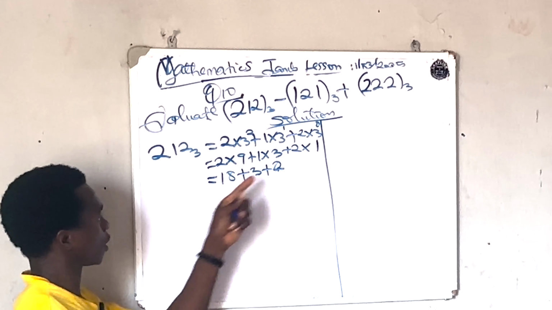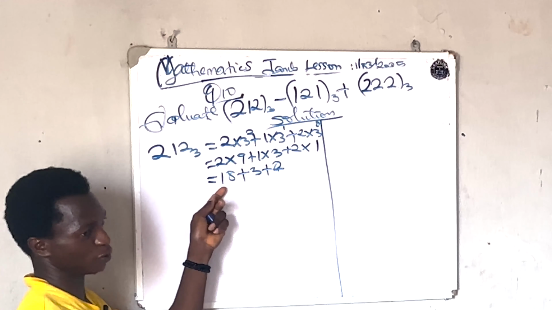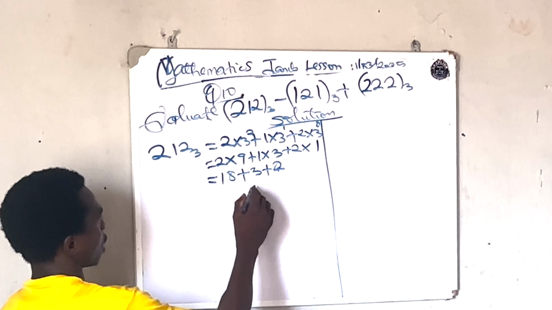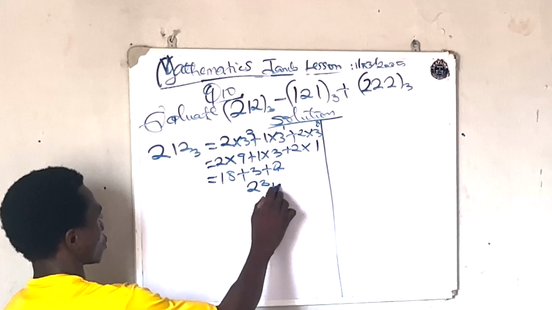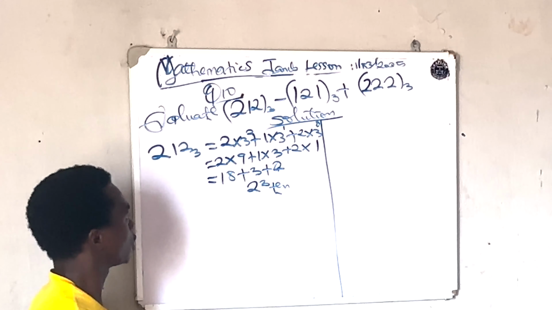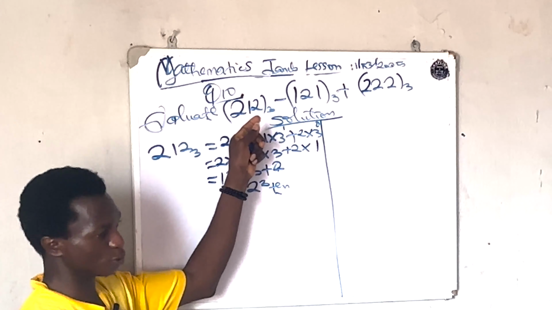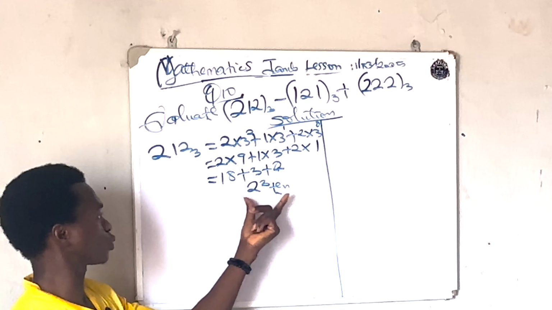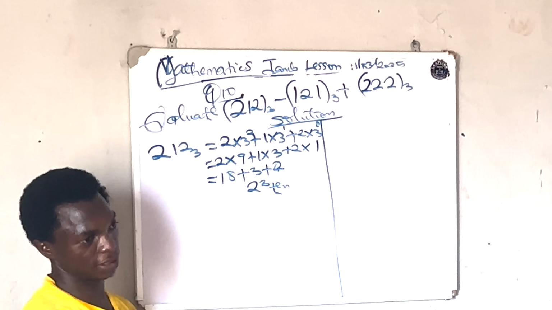Now 2 plus 18 will give you 20, plus 3 here you have 23. So 2, 1, 2 in base 3 is equal to 23 in base 10.